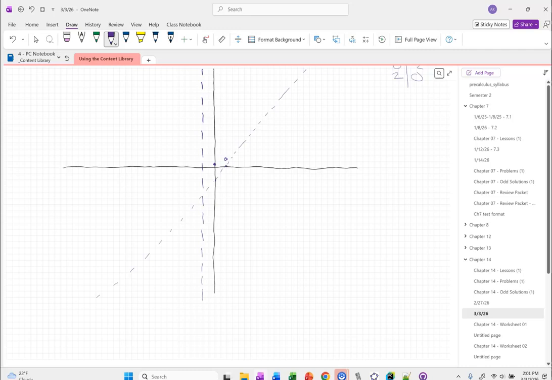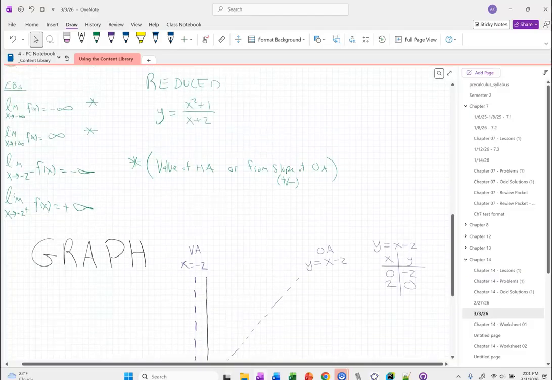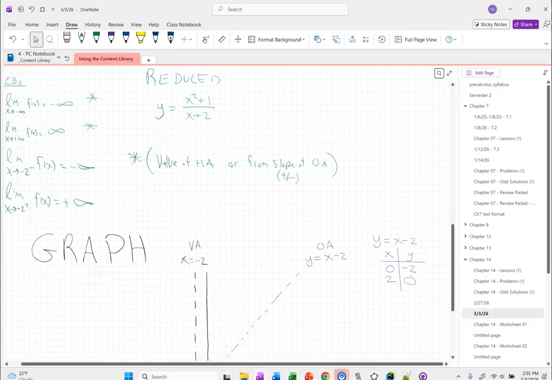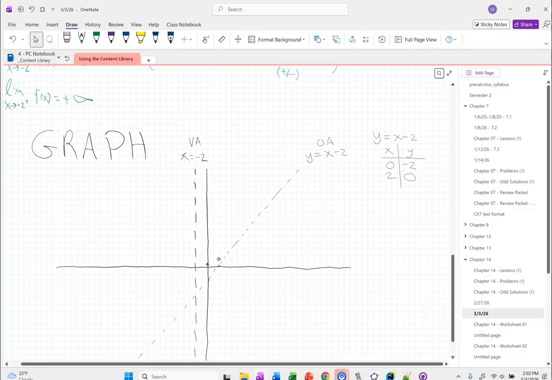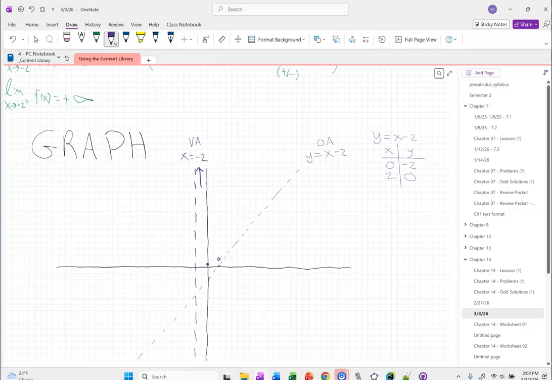Now I'm going to do my end behaviors. I'm going to start with the vertical asymptotes. On the right side of my vertical asymptote, it should be going to positive infinity. So I look at my vertical asymptote. On the right side, I should be pointing to positive infinity.